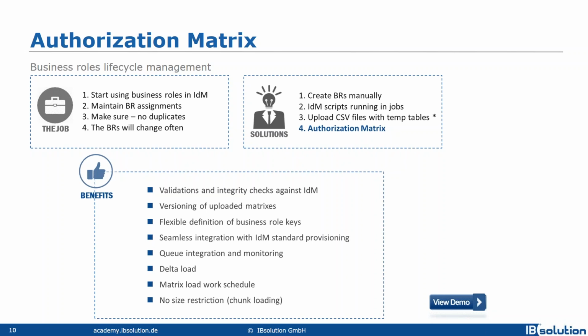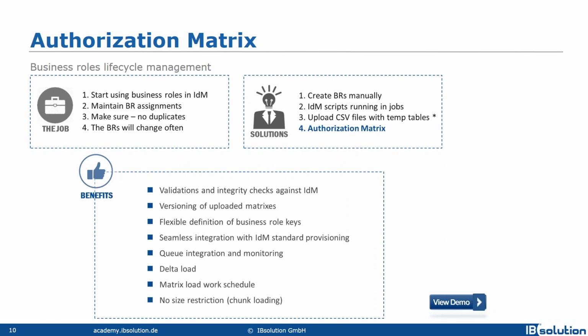And this user interface connects directly to IDM and does the proper checks. For example, if you want to add a privilege to a specific business role, it checks if this privilege actually exists, because you cannot check that in the CSV file. In the CSV file, you just type the text and that's it. You can also add checks for some forbidden privileges, like, as I said, SAP O. If you do that, it will tell you that you cannot add this privilege to a business role.